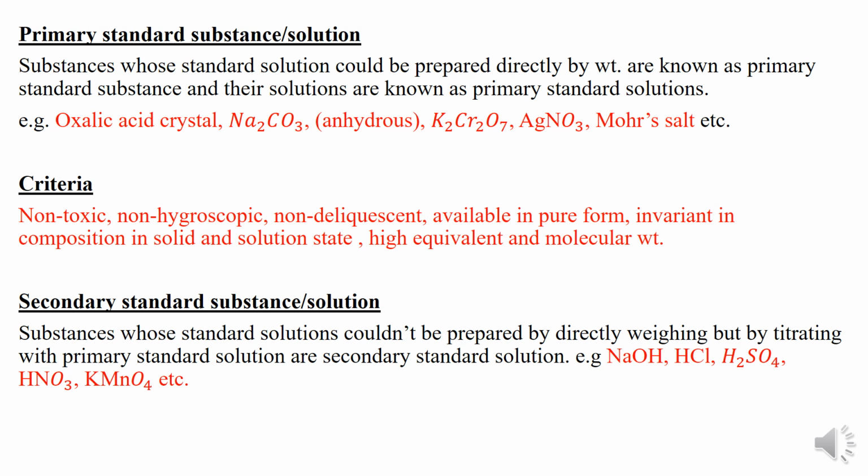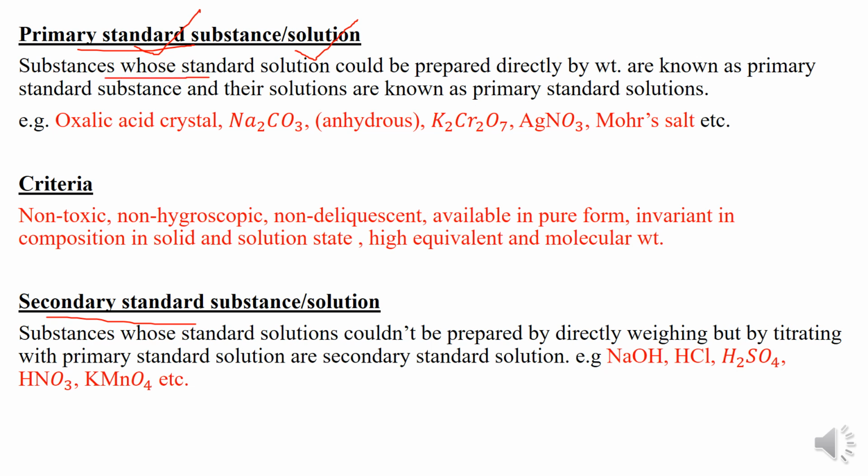Before dealing with the titration process, we have to know the basic concept of standard substances: primary standard substance and secondary standard substance. The solution of a primary standard substance is known as a primary standard solution.